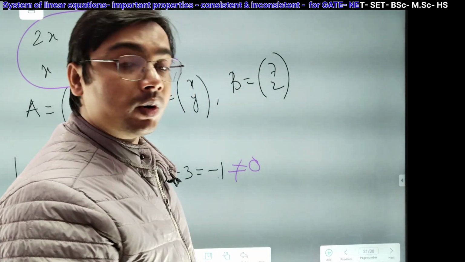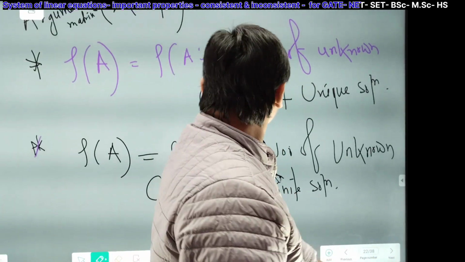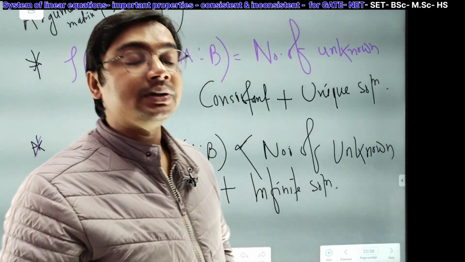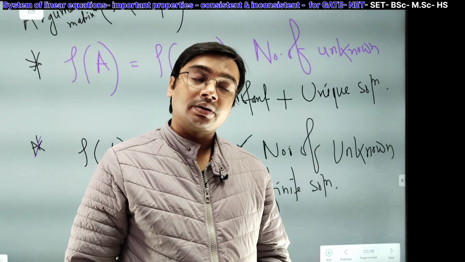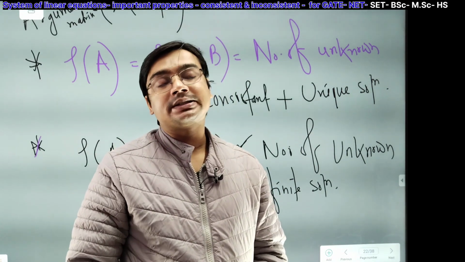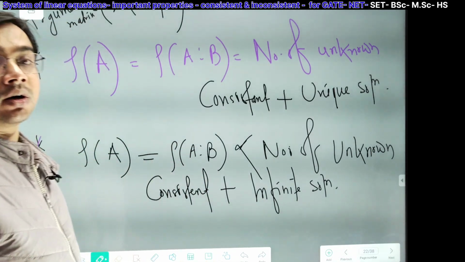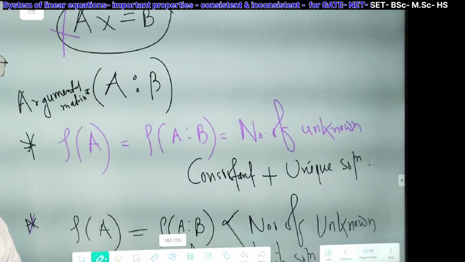So hope all of you can verify this type of thing. Another property is also there, by which we can easily verify whether the system is consistent or not, or whether the system has a unique solution or not, by using the rank of the matrix. Here you see, I have already discussed this thing.